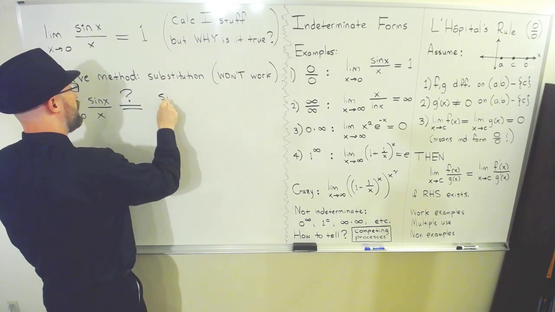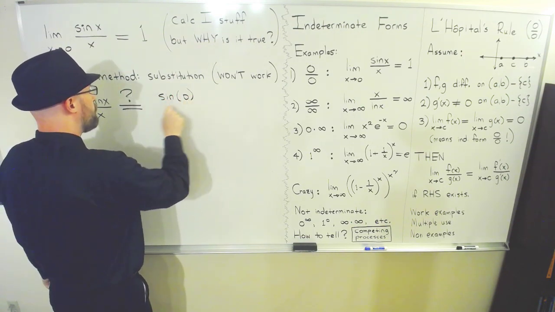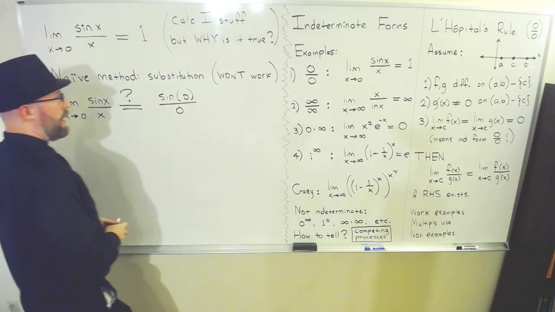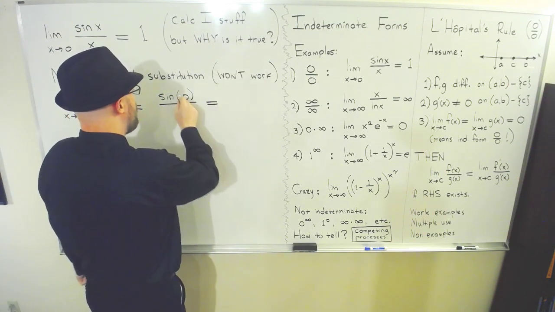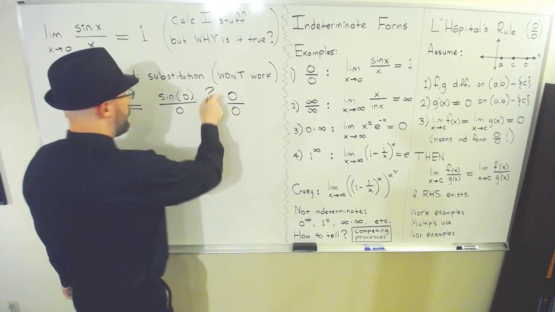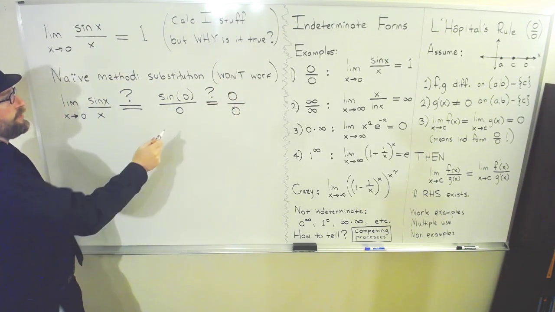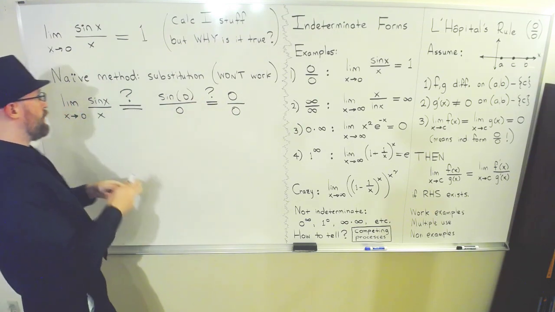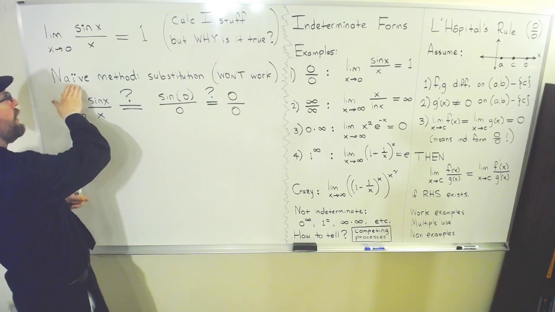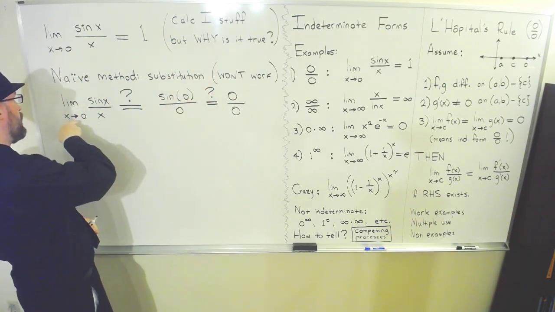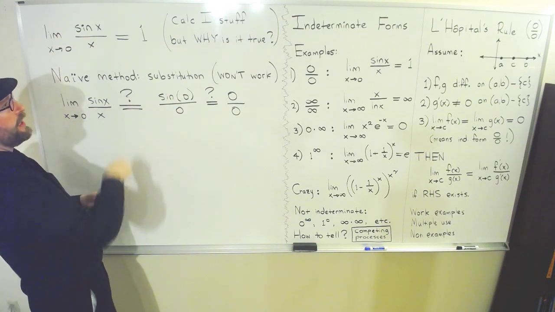So this would say sine 0 over 0. And you know sine 0 is 0, so this would be 0 over 0. And I've put a question mark here once again because this isn't really valid. And so here's where my algebraically invalid expression comes from. It comes from this naive attempt to figure out the answer by just substituting in the value that x is approaching in that limit.